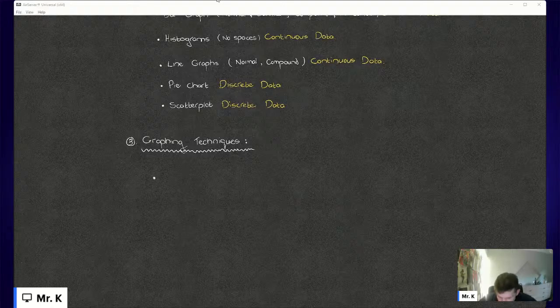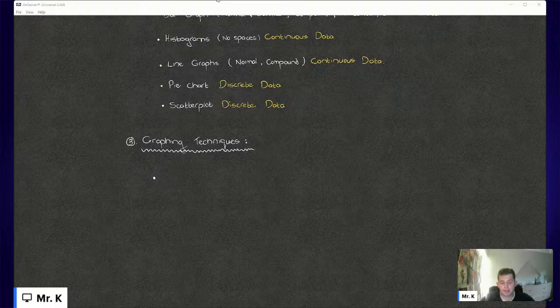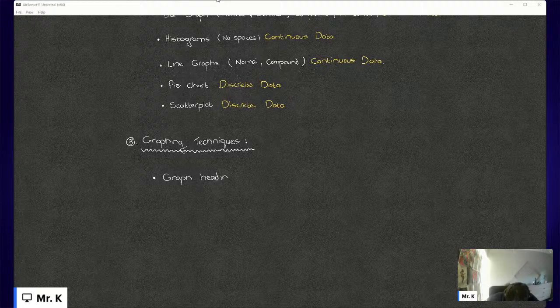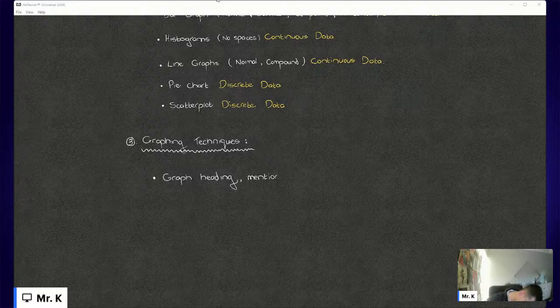So, what do we need to remember when we're drawing a graph, guys? There's a few things. First things first, you always need to include a graph heading, right? And it must mention both variables, the dependent and independent variable.